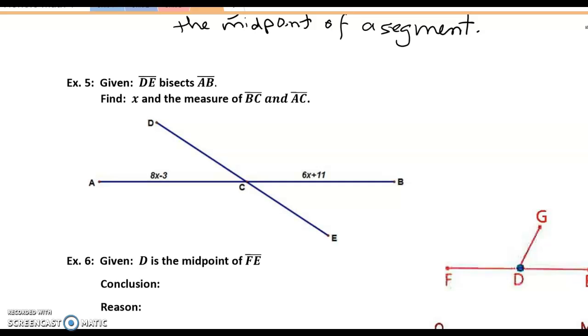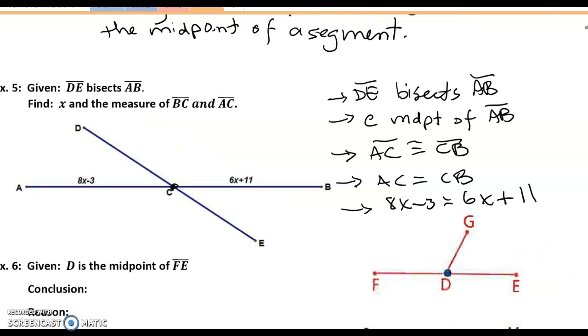So by definition, segment DE passes through the midpoint of segment AB. So therefore, point C is the midpoint. And because C is the midpoint, then we know how to solve for x.